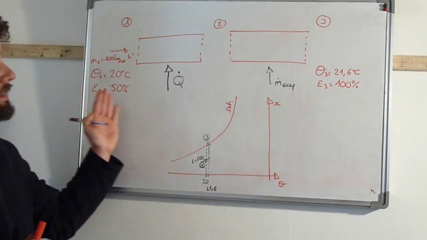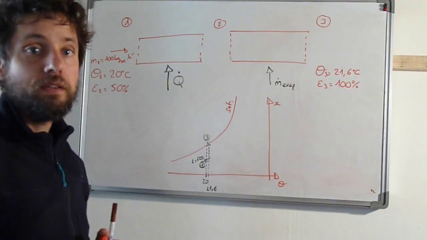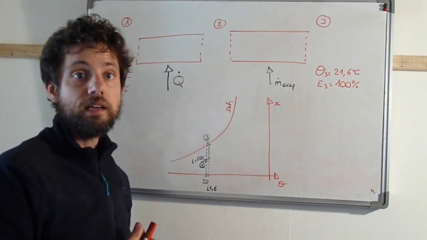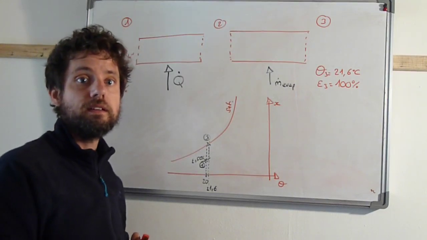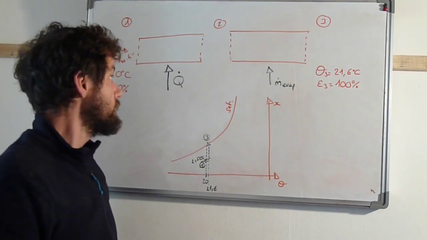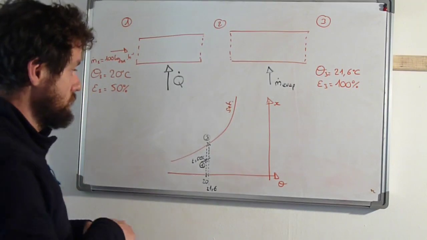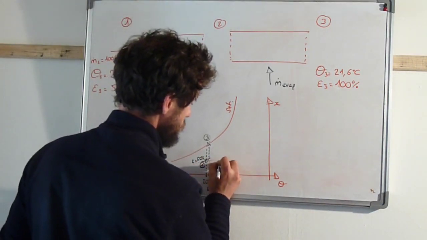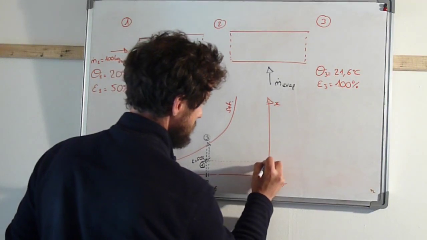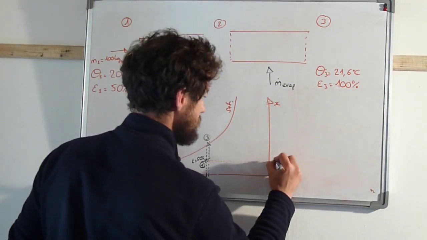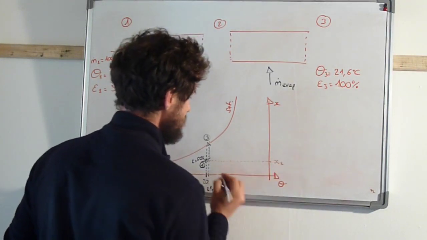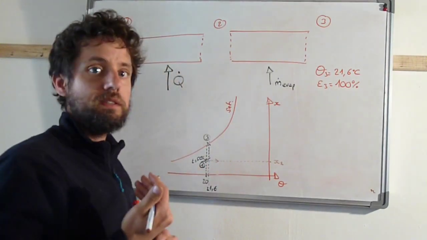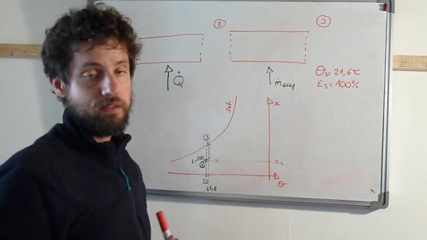Between 1 and 2, the process of heating was done at constant moisture content. So from 1 to 2, the process was done with constant x, so this is X1, and it was heated, so the temperature was increasing, it was going to the right.